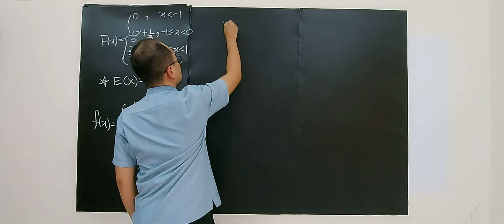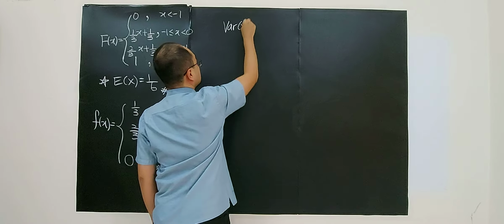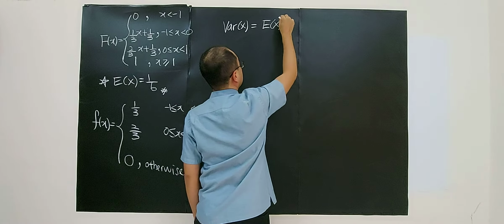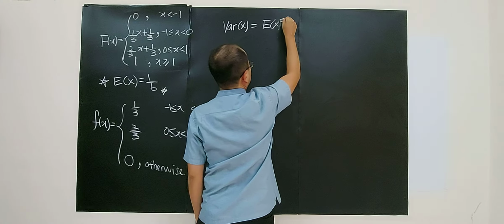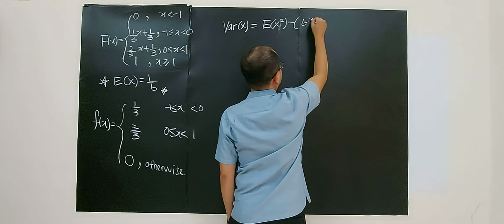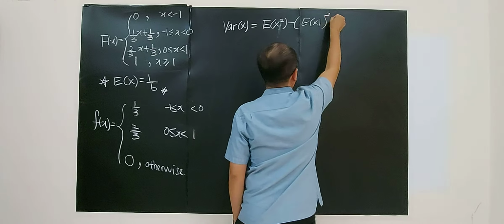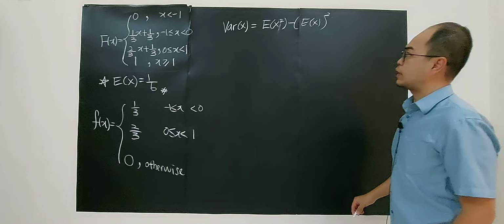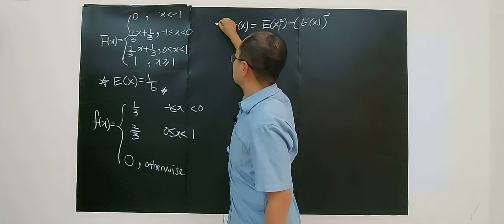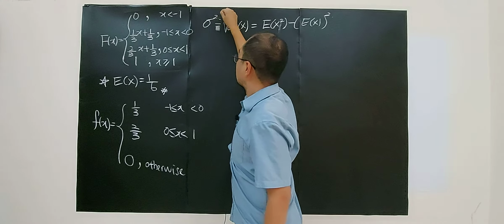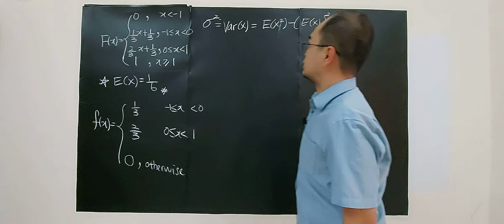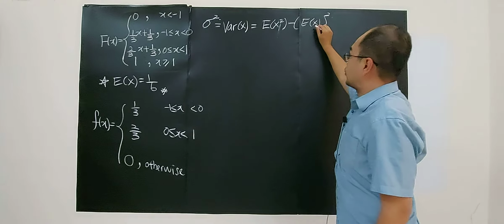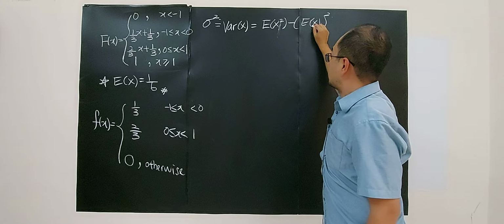The variance of x is defined to be E[x squared] minus the mean squared. Sometimes this is also given the notation sigma squared. We already have E[x] here, 1 over 6.